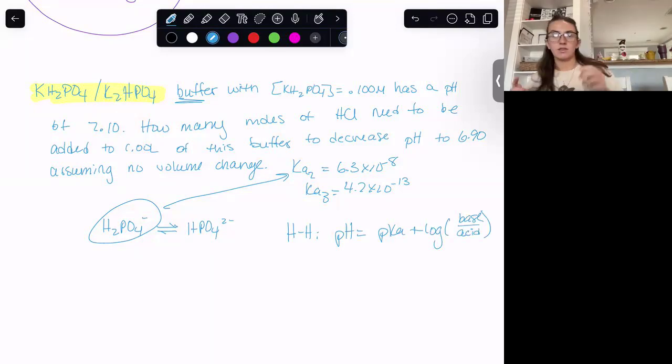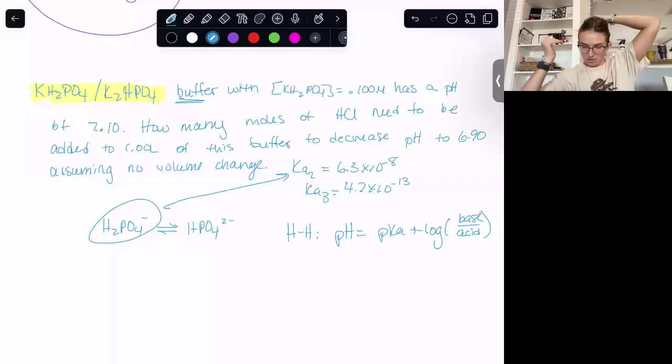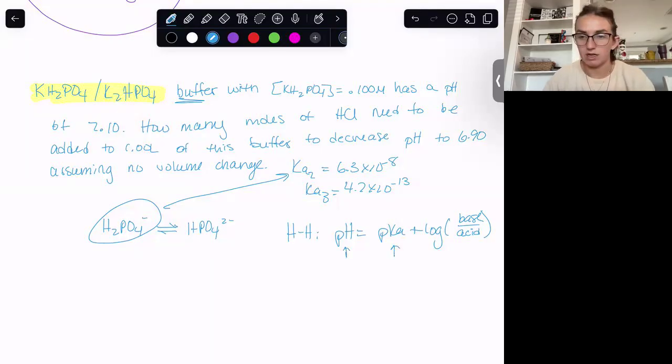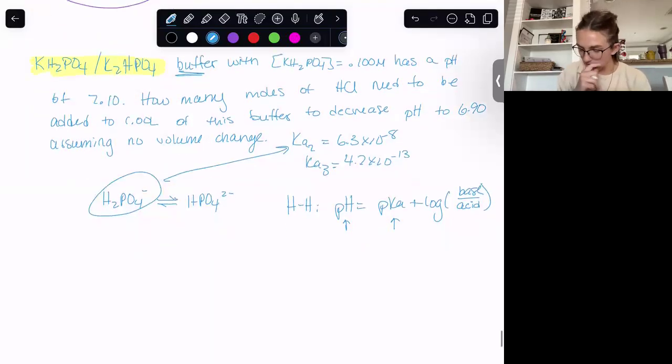And we're given the fact that the pH right now of the solution is 7.10. So we know pH here. We can get the pKa because we're given the Ka, but we don't know our ratio of base to acid. So we can find that ratio. We know that our pH is 7.1.